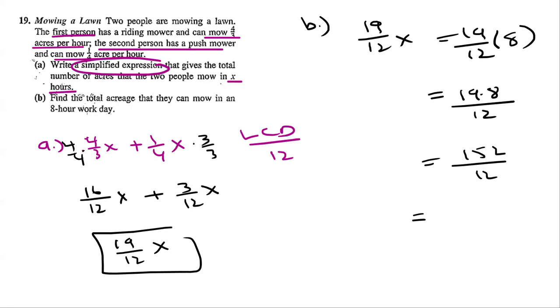And then I can reduce this. They both can divide into 4. So we get 38 on top and then 3 on the bottom. All right, so 38 over 3, or 12 and 2/3 of an acre.